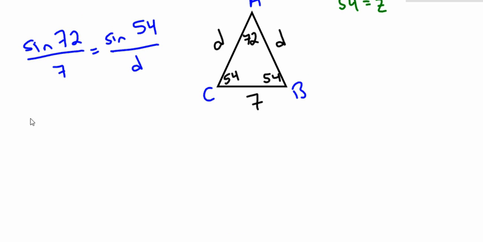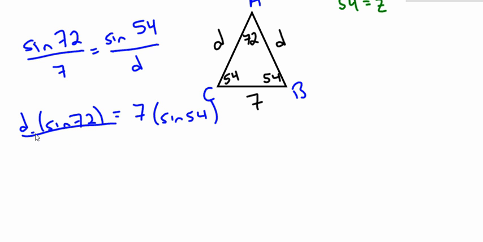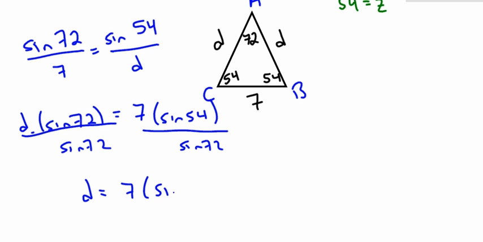So cross multiplying, this is D times sine 72. And cross multiplying the other side, I got 7 times sine 54. So I need to divide both sides by sine 72. So D is equal to 7 times sine 54 divided by sine 72.